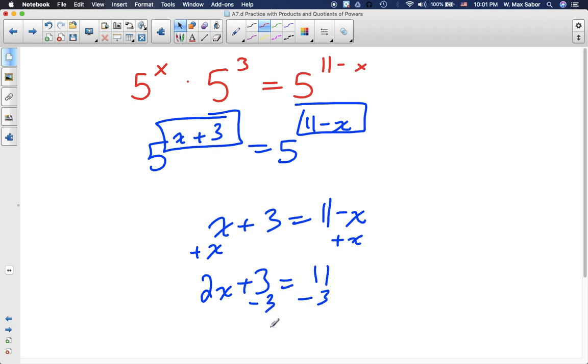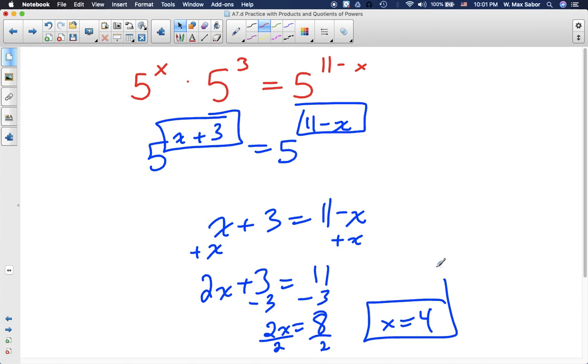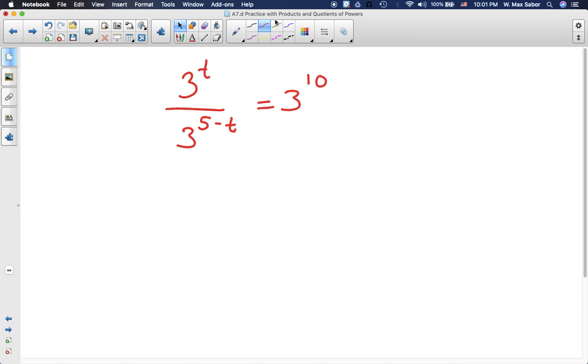Subtract 3. Divide by 2. Get x equals 4.